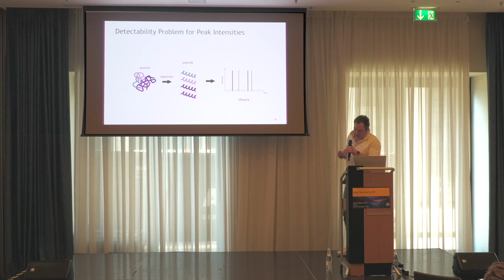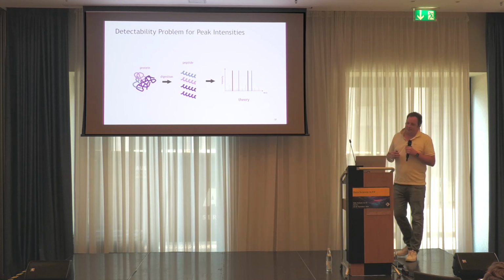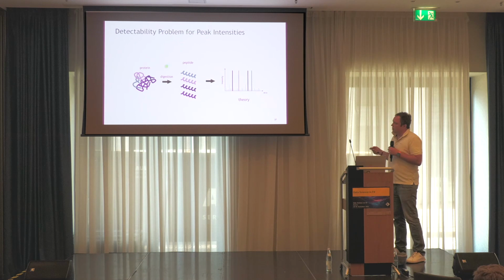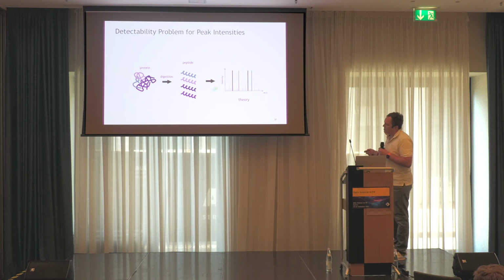What you might have seen is that this is our theoretical spectrum, and you might have thought that this is correct because peptides from a protein should have equal height since they should be in equal amounts.